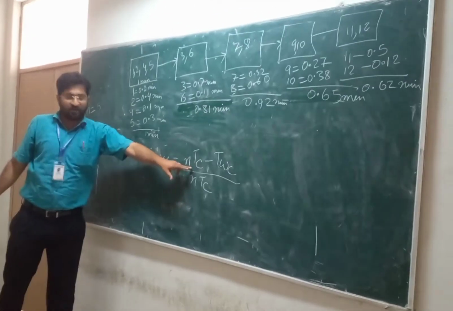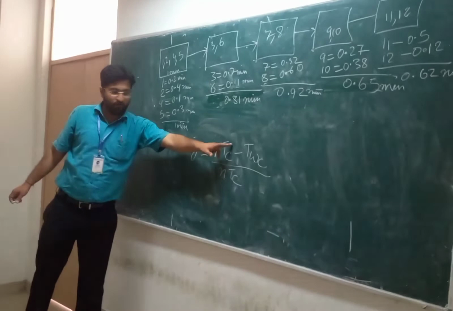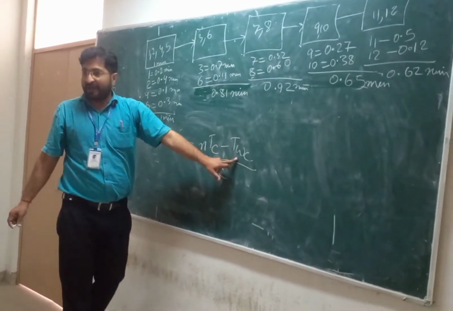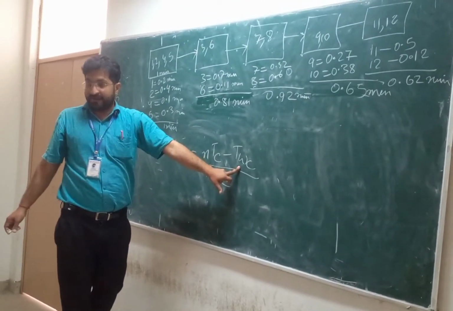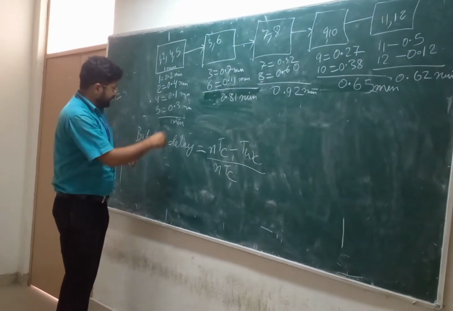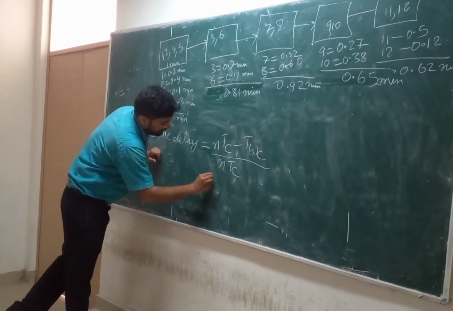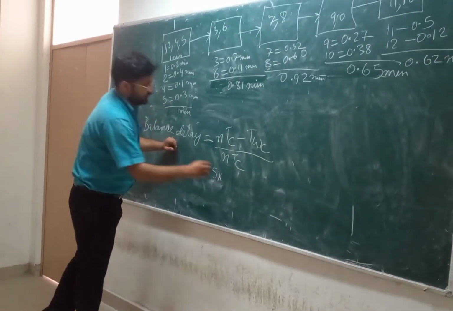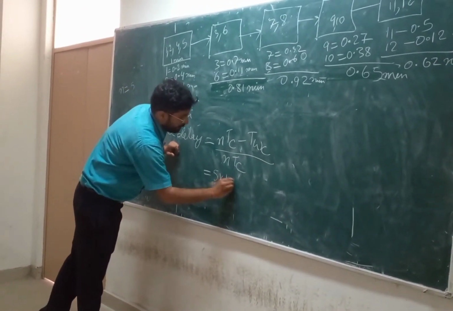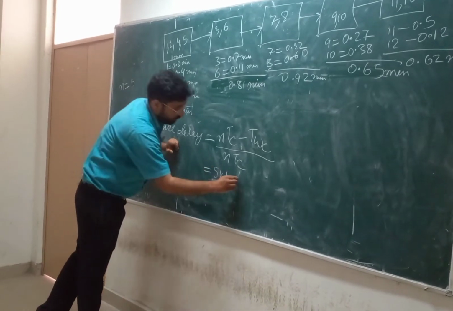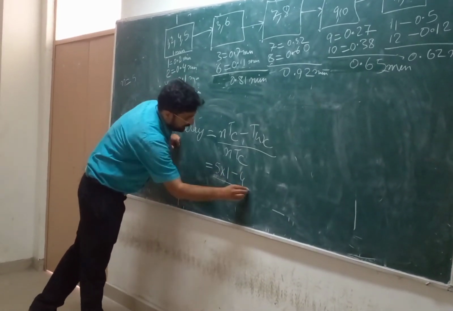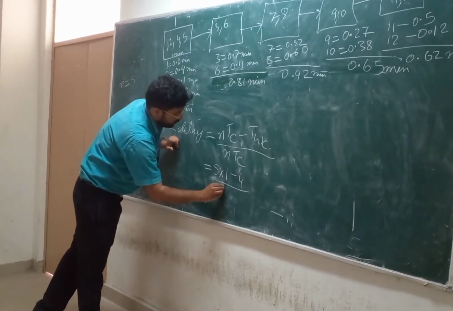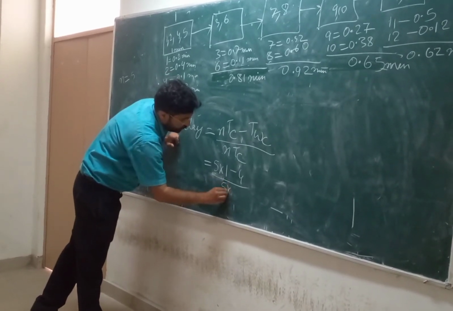Tc has been given already in the question paper, that is 1 minute. Tw we have calculated as 4 minutes. Okay, so the balance delay will be 5 into Tc, Tc is 1 minute, minus 4, divided by n, which is 5 into 1.